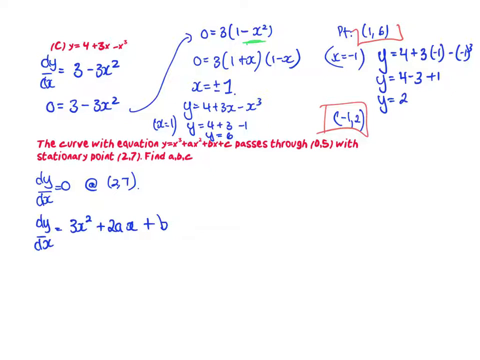And we know that this is 0 when x is 2. So we can put that in: 3 times 2 squared plus 2a times 2 plus b.